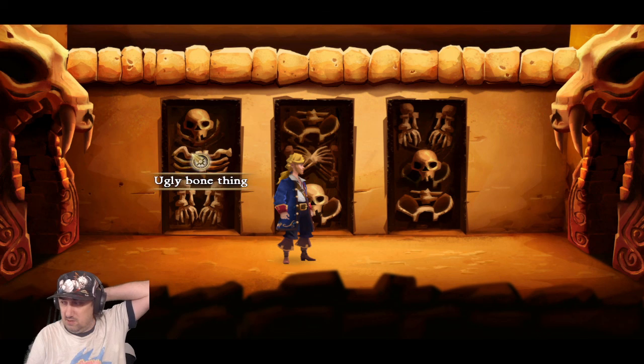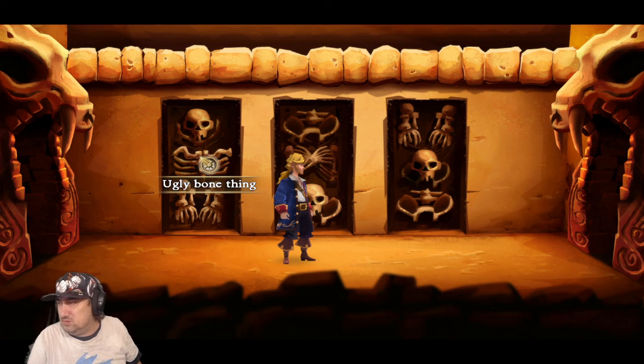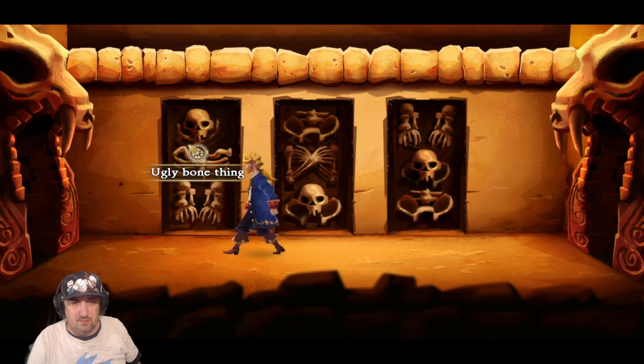Head bone's connected to the rib bone. Rib bone connected to the hip.